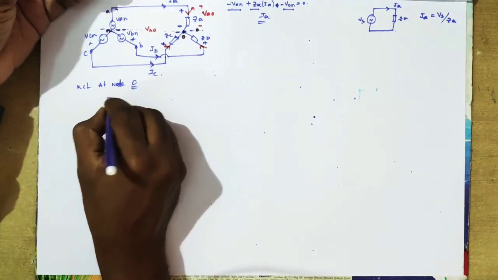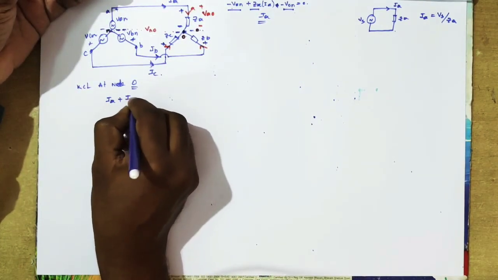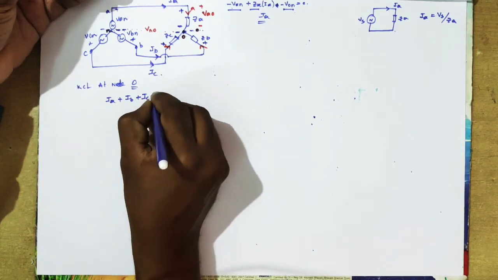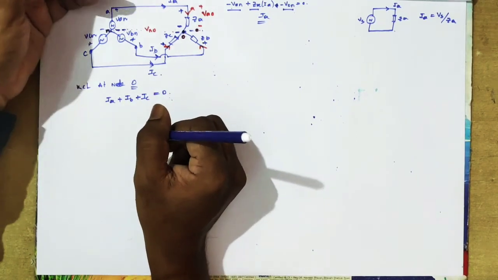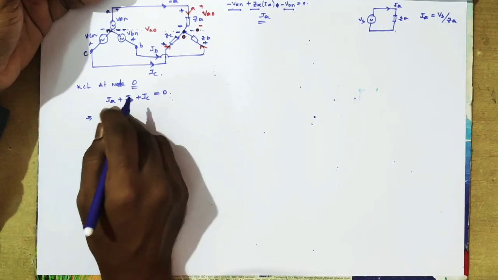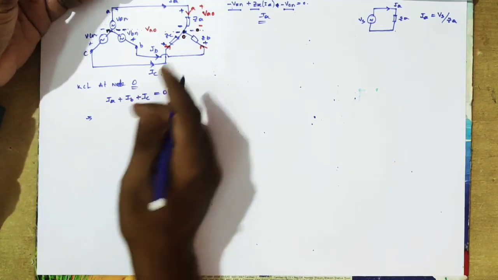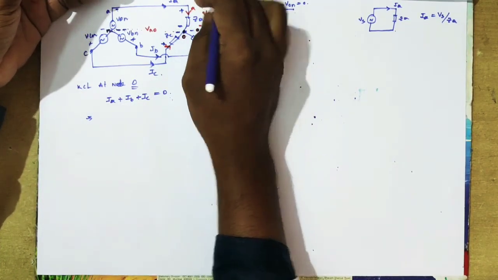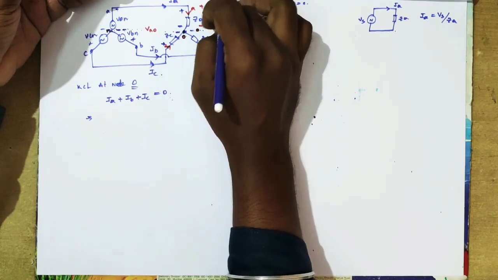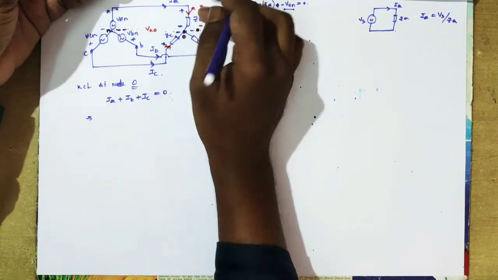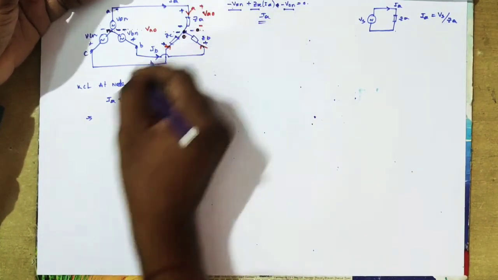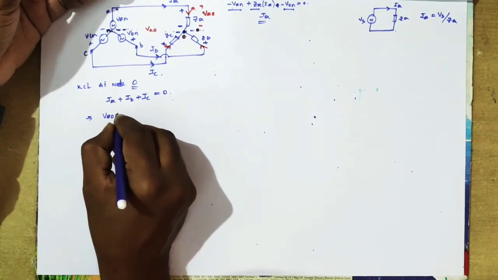Therefore, we can write IA plus IB plus IC equals 0. Now what is the IA value? IA means VA0 into ZA.